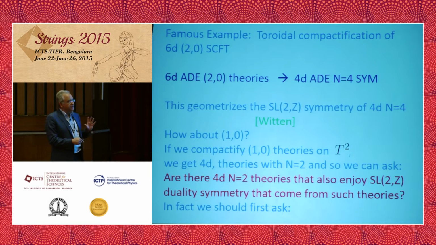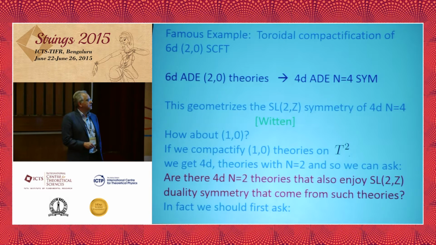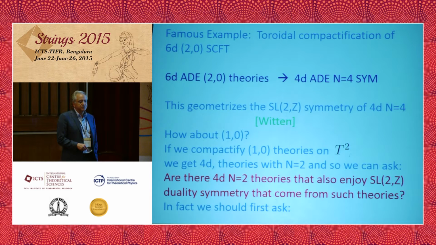So it's a completely field theoretic, so to speak, explanation of the S-duality of the 4D theory in geometric terms. And so the natural question to ask is, what about the (1,0) theories going down on T2? What do they give rise to? And do they give rise to theories with SL(2,Z) symmetry?